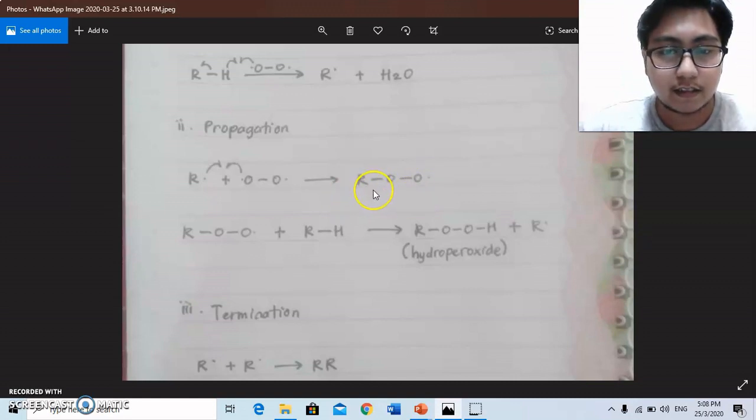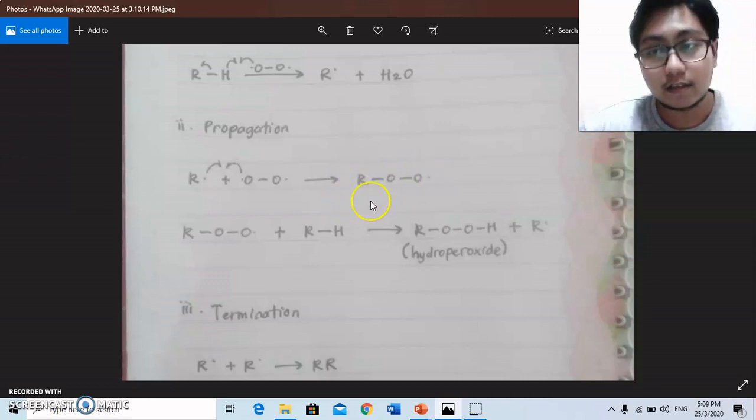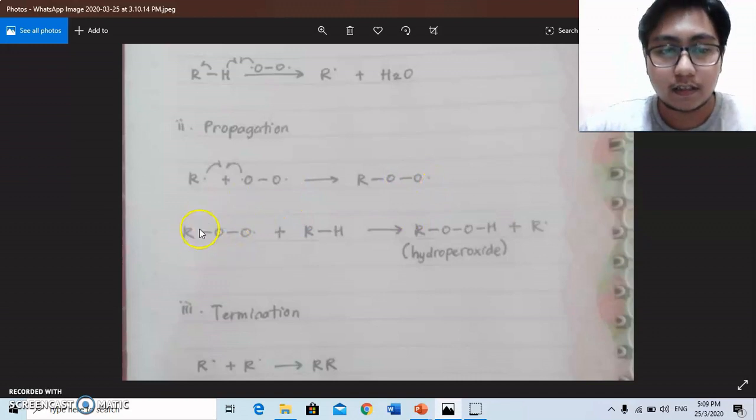This ROO group will attack another fatty acid, RH, and take its H, and then form hydroperoxide and another free radical.